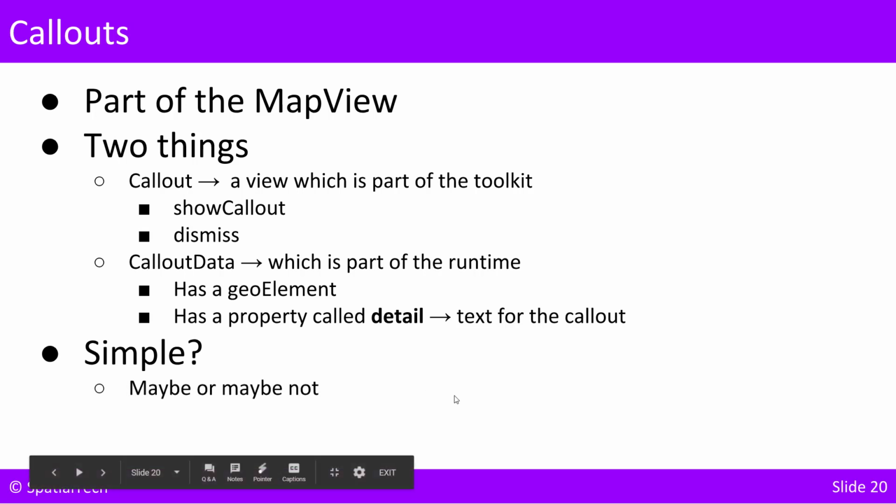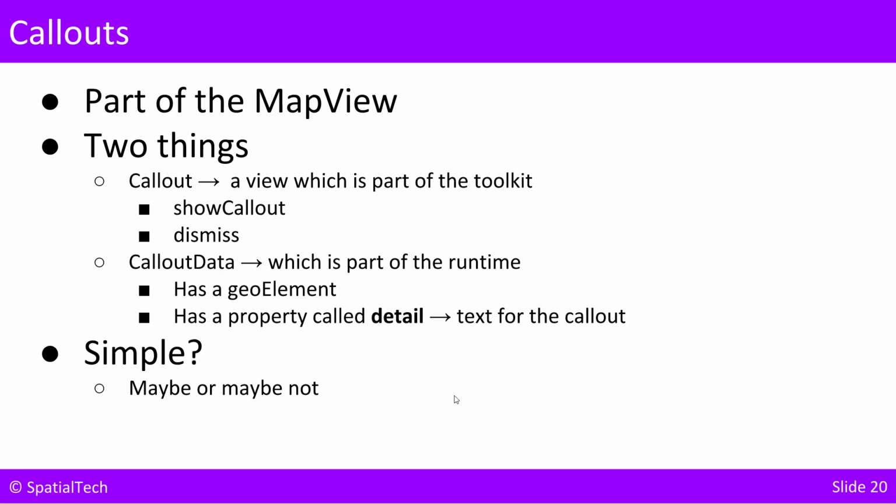But if your idea is to say, hey, I want to do an identify like in ArcGIS Pro, and for every column value have it displayed, okay, the callout's not really geared for that. The pop-up view and pop-up manager are totally aligned to do that and are probably a better choice. Doesn't mean you can't do that in here. It means that you're going to do a little bit more work.